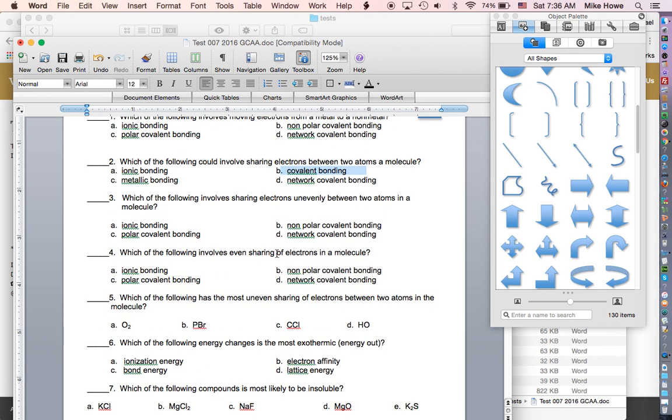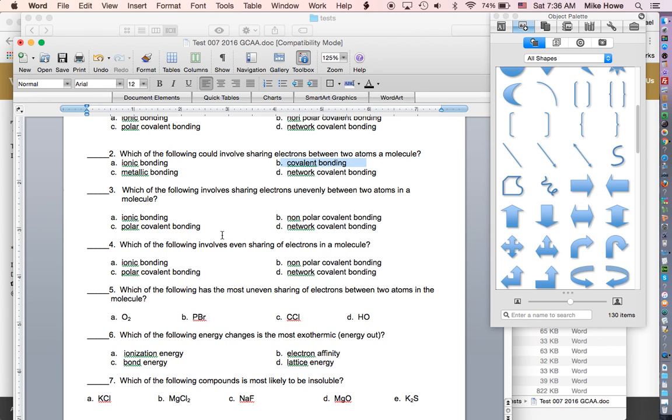Number three, sharing electrons unevenly between two atoms in a molecule. That's sharing, so it's covalent, but if they're sharing them unevenly, key word there was unevenly, that means that there will be a positive end and a negative end to the molecule, so it'll be a polar covalent.